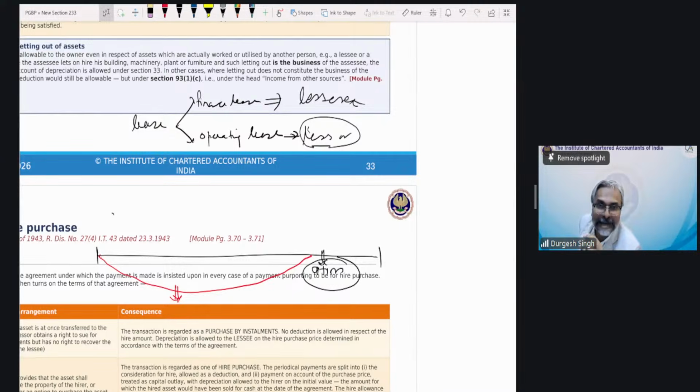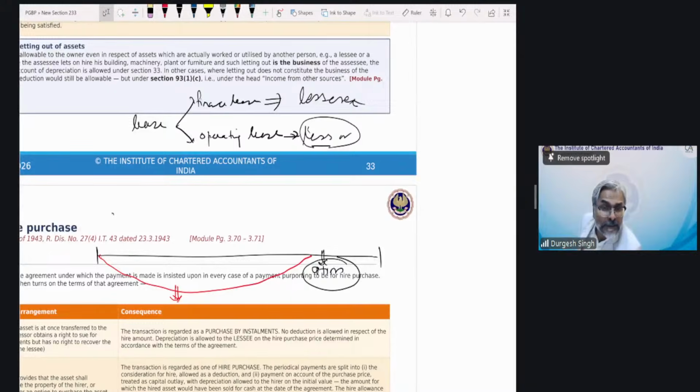But somebody will say, sir, he is not using it for his business. You need to ask the question, what is his business? His business is to give the asset on lease. And if his business is to give the asset on lease, he is using the asset for his business.